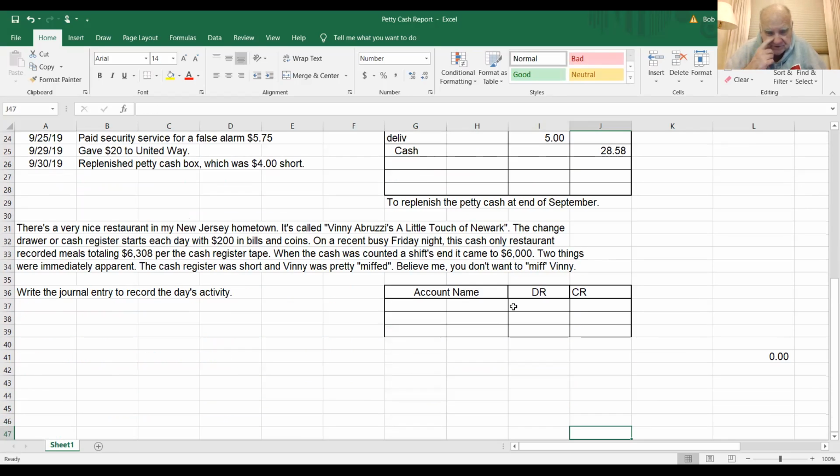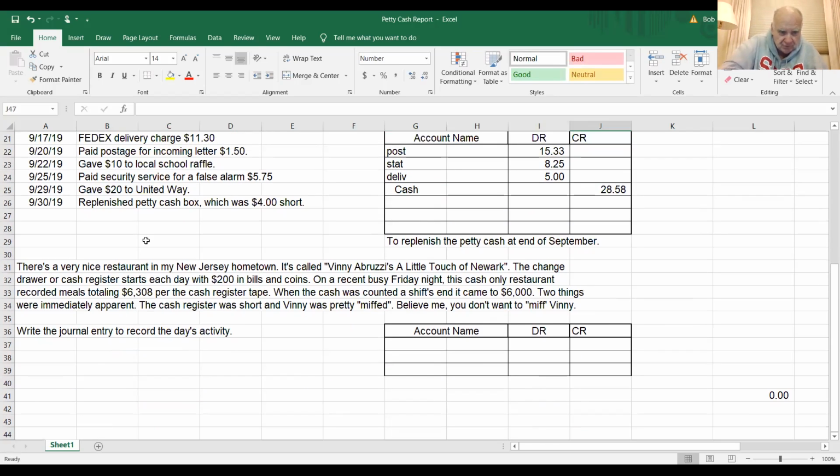And then I did one of my silly little examples here, calling on my New Jersey roots back in central New Jersey. There's a very nice restaurant in my hometown. It's called Vinny Abruzzi's, a little touch in Newark. The change drawer starts each day with 200. On a recent busy Friday, this cash-only restaurant recorded meals for 6308. So 6308, we know immediately is going to be our sales.